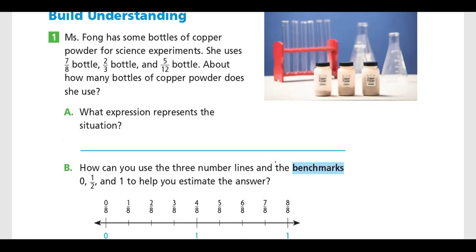So we have to add 7 over 8 plus 2 over 3 plus 5 over 12, because she used all of them.